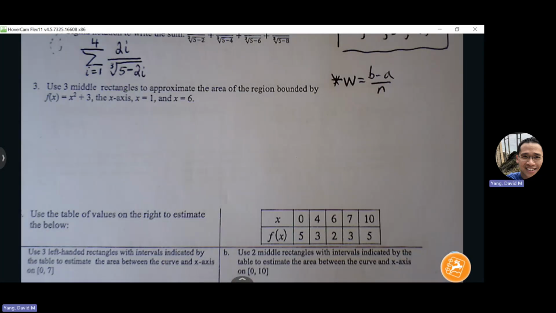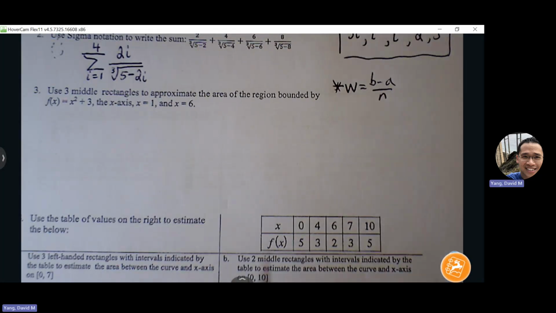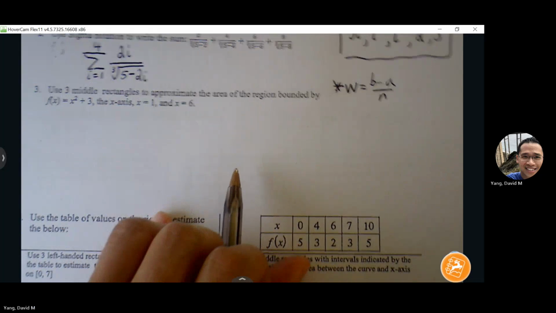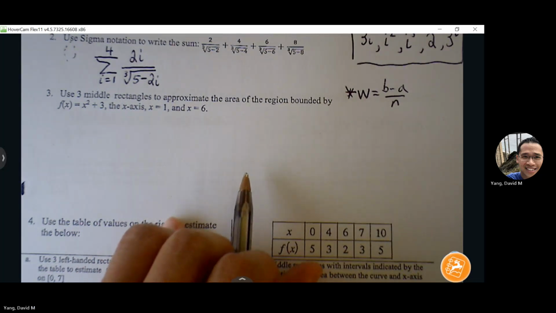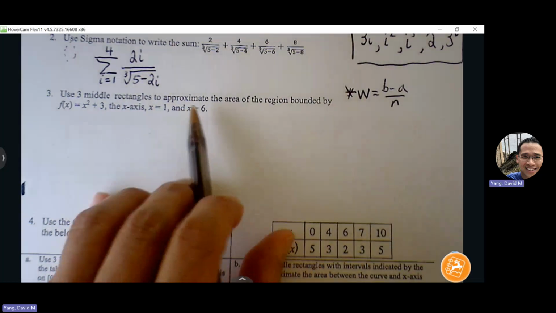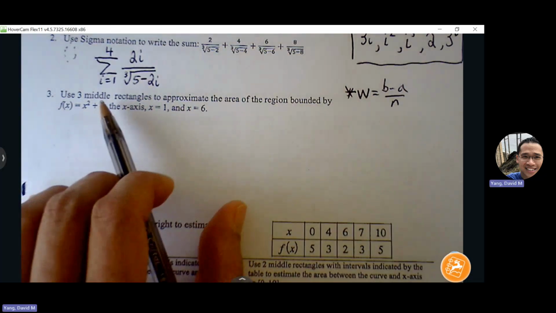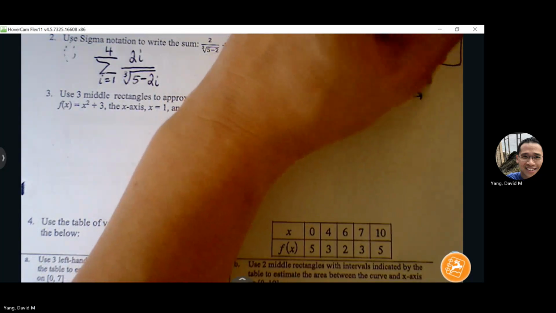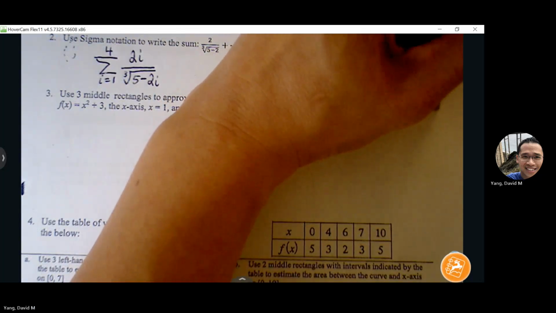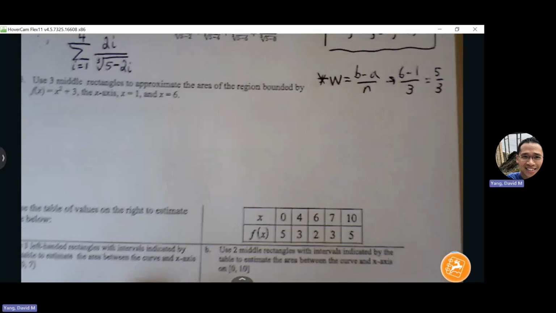What's my a, b, and my n value? 6 minus 1 divided by 3. Yeah, 3 middle rectangles. Okay, so that's our width. Our width is 5/3.